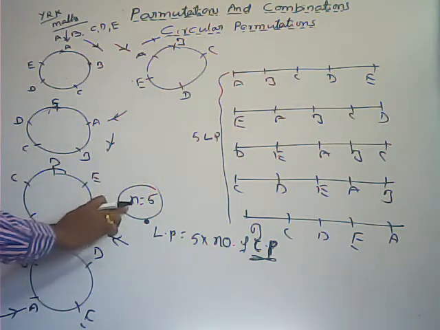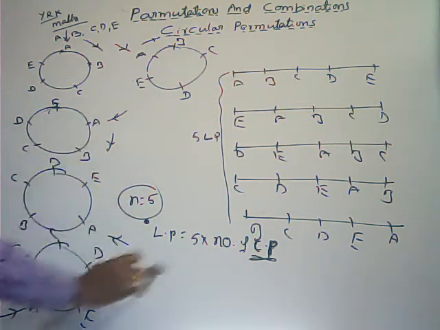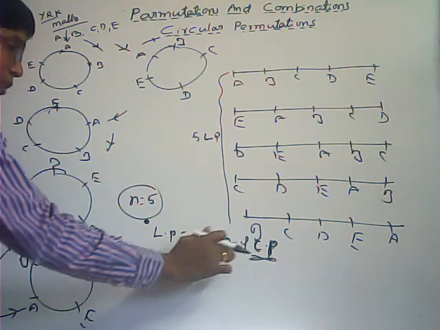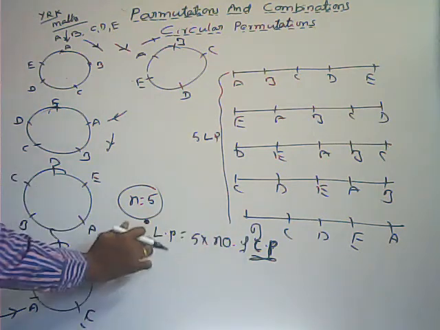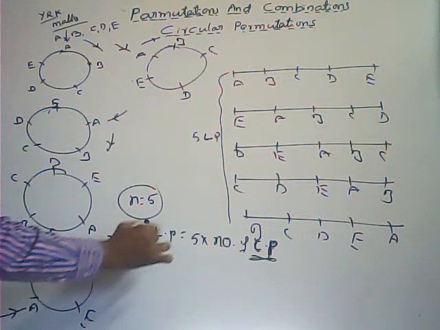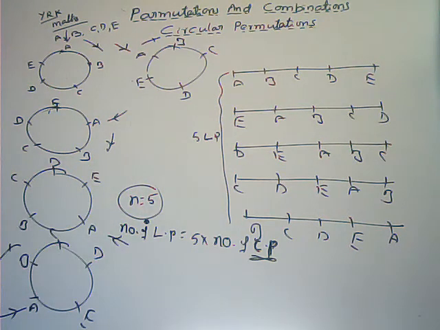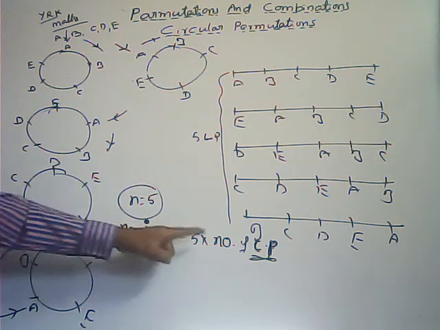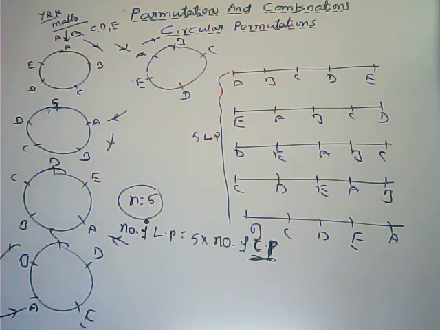For example, here the number of objects I have taken is 5. If I take only one circular permutation, the number of linear permutations is equal to 5 into the number of circular permutations.